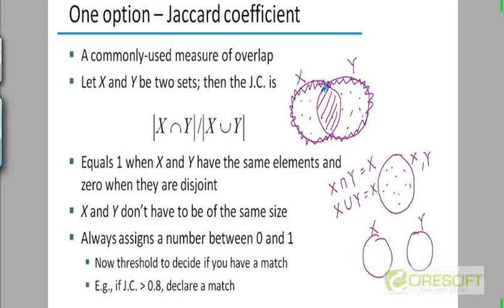Because it will be the number of elements in this region divided by the total number of elements here, which will be definitely larger than the number of elements in this region. And note that the sets X and Y don't have to be of the same size. This is a general coefficient.